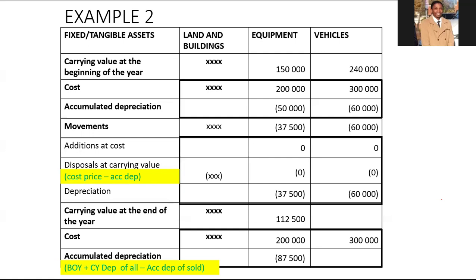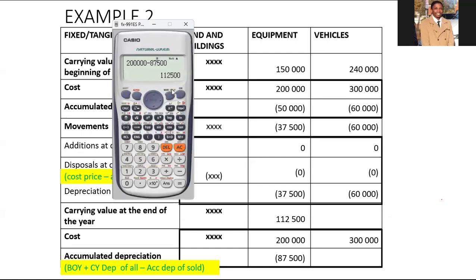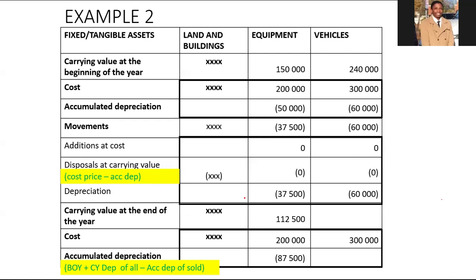Accumulated depreciation at the end of the year will be 60,000 plus 60,000, which gives us 120,000. 300,000 minus 120,000 will give us 180,000.